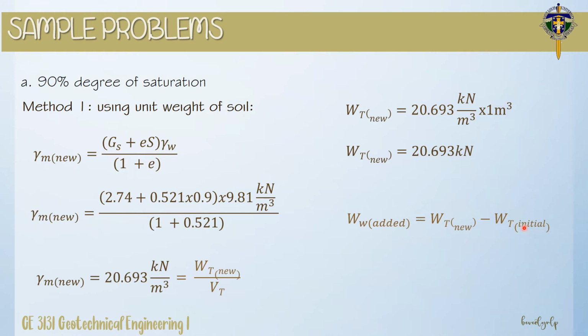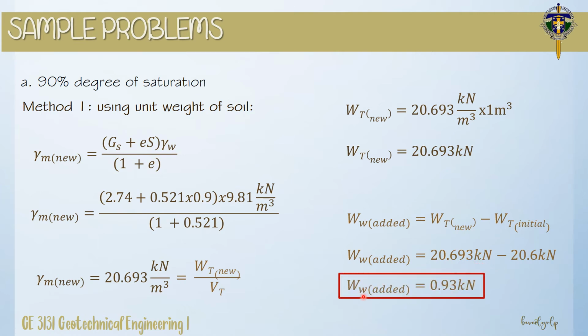Substituting, that is 20.693 kilonewton minus 20.6 kilonewton. So the weight of water added is 0.93 kilonewton per cubic meter.